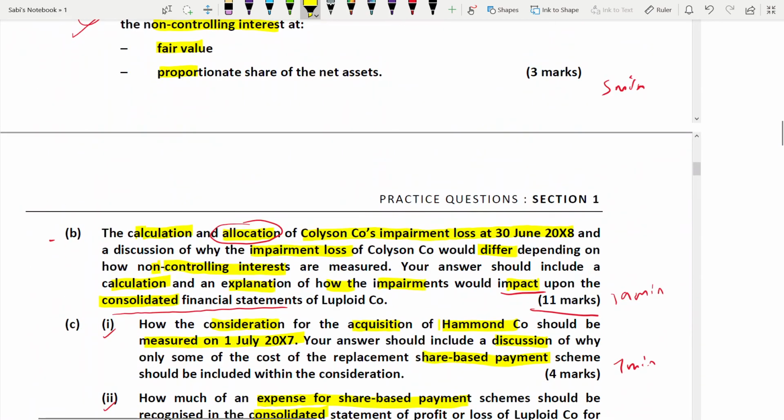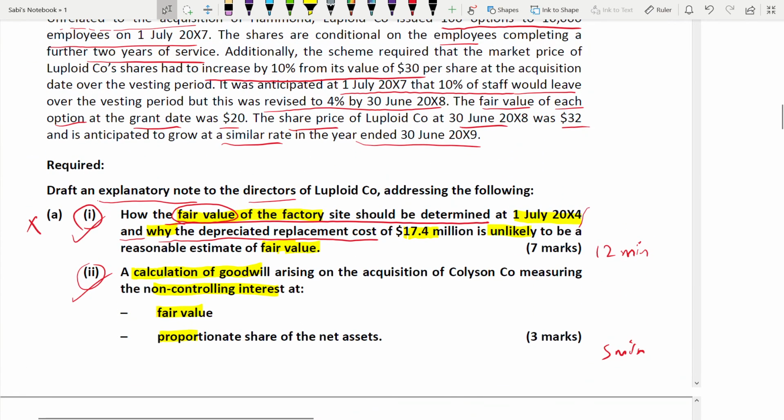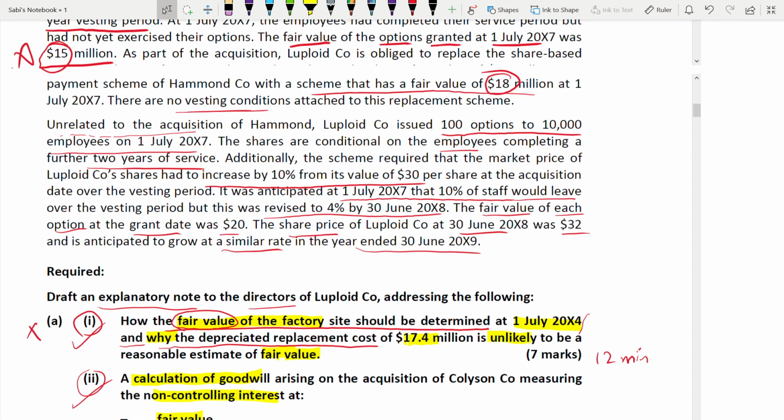They have given you the year also, 30th June 2008. I have underlined it also. And they have told that this was revised to 4% by 30th June 2008. What is revised to 4%? The staff will leave by 4%. So if 4% staff leave, only the remaining staff will get the share options, which is 96%.